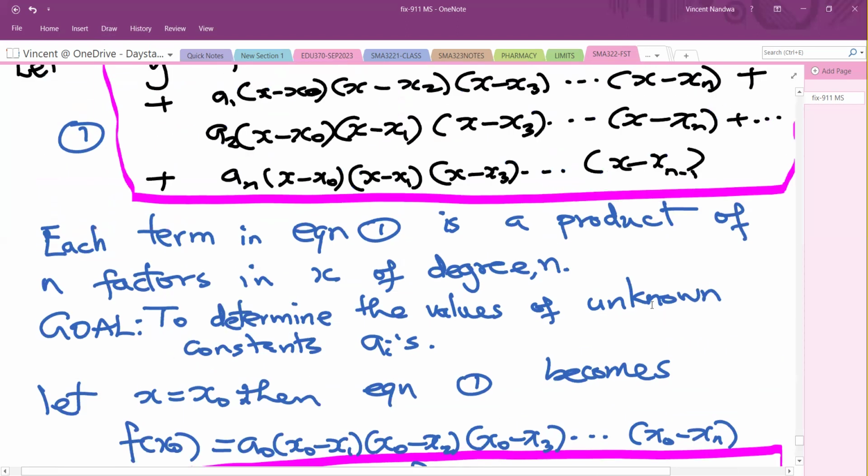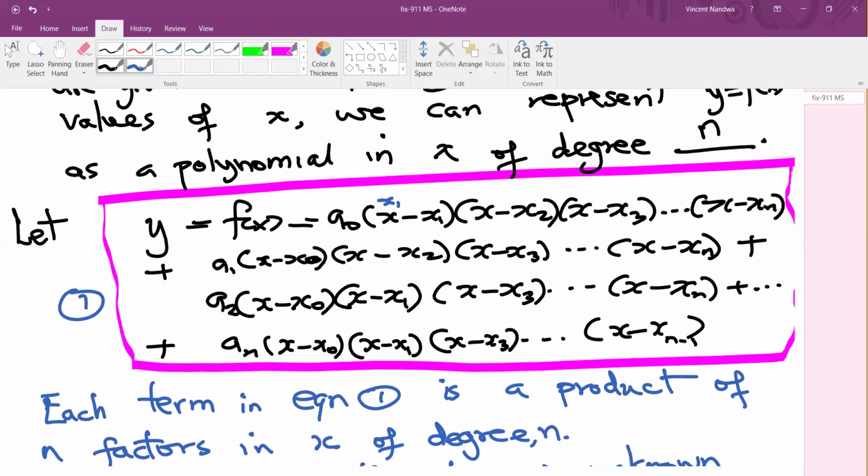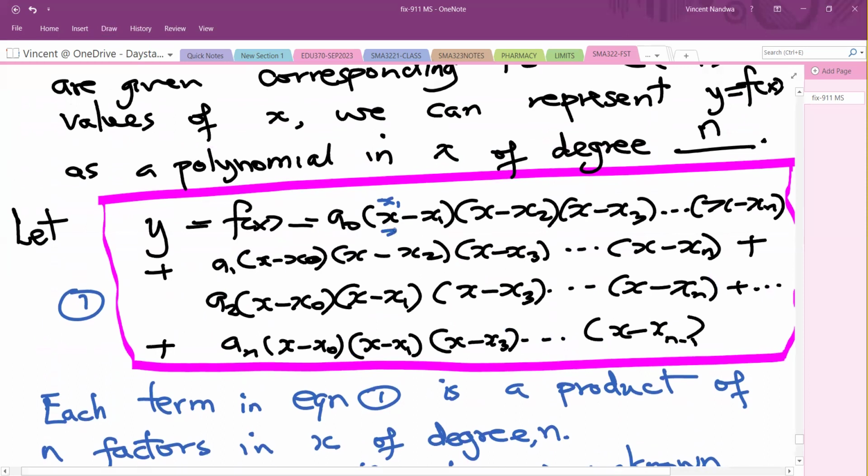So when we go to the first term of f of x, it's the same thing. The only difference is that where there's x, we are replacing it with x naught. So there's an x naught minus x1, an x naught minus x2, an x naught minus x3, all the way up to x naught minus xn.